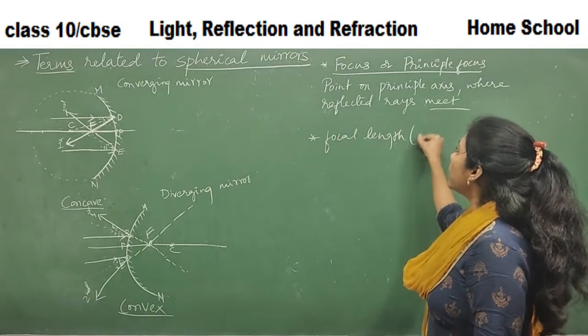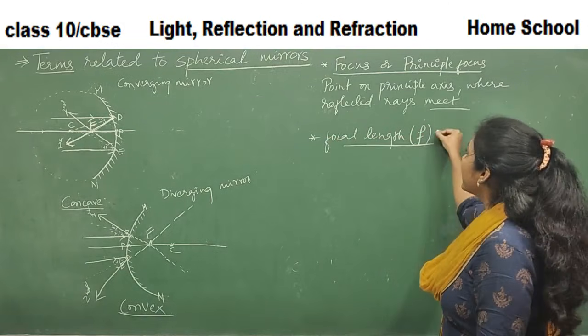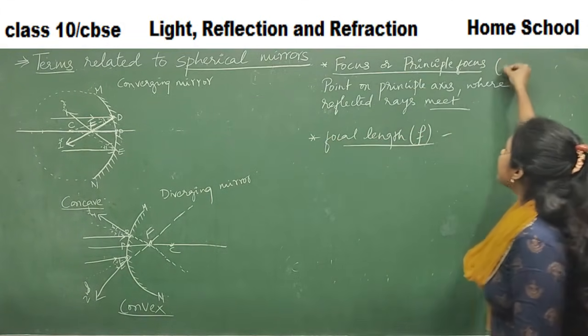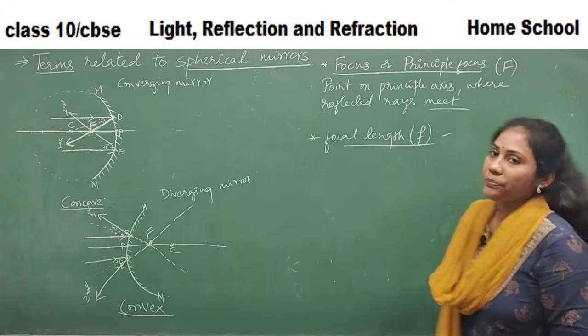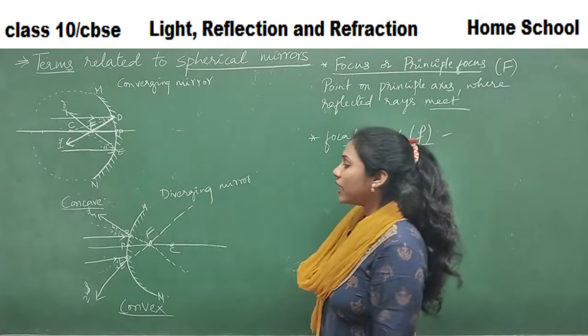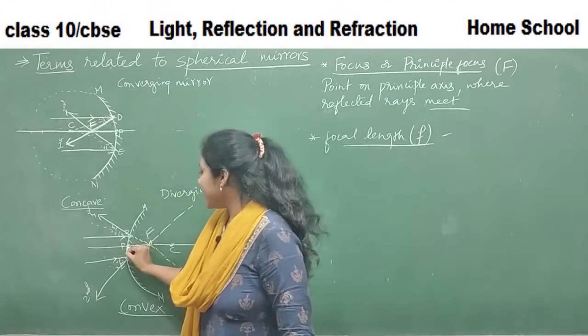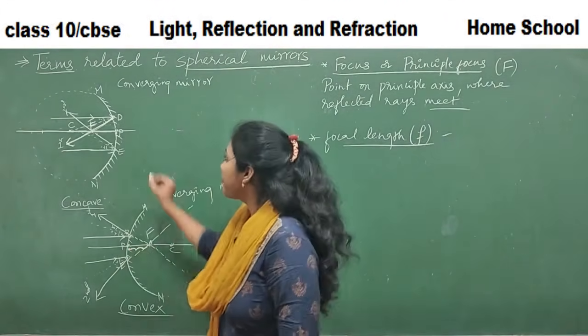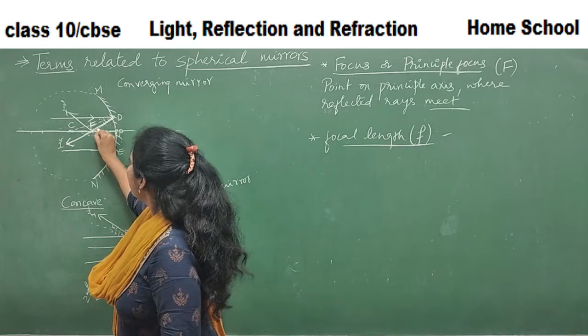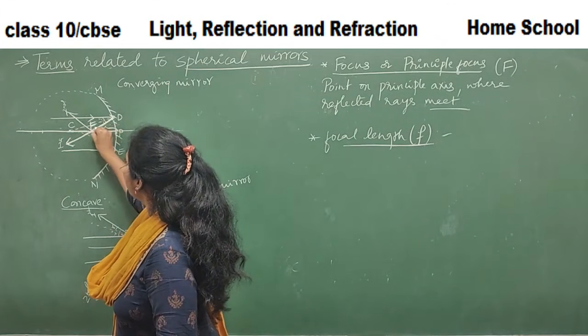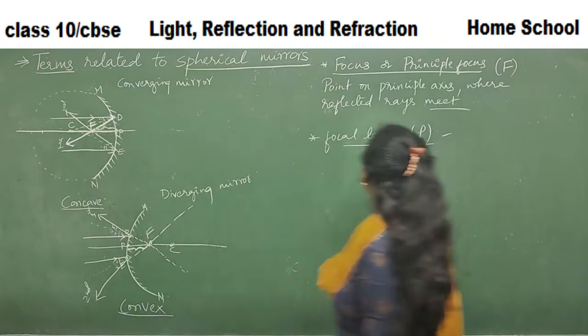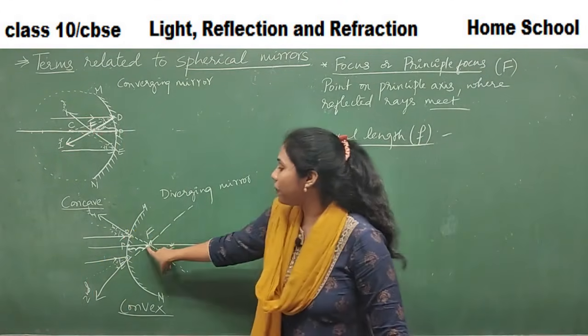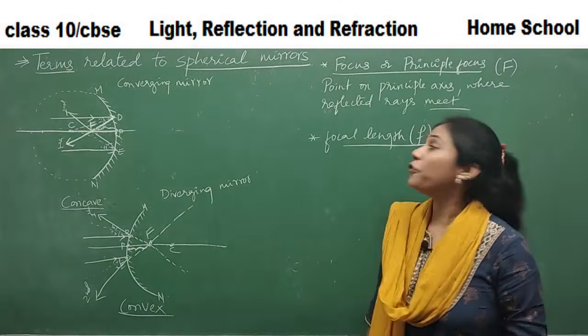And now the next term is focal length. Focal length is denoted with small f, and principal focus is denoted with capital F. Remember. So focal length is nothing but the distance between the pole and principal focus. You see this distance, the distance between the pole and principal focus is called focal length.